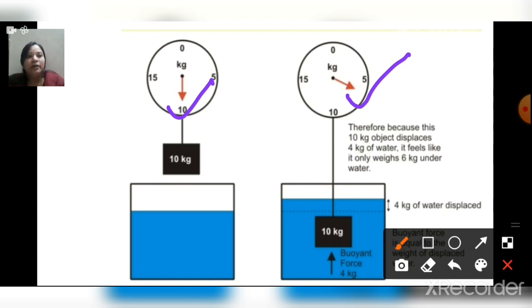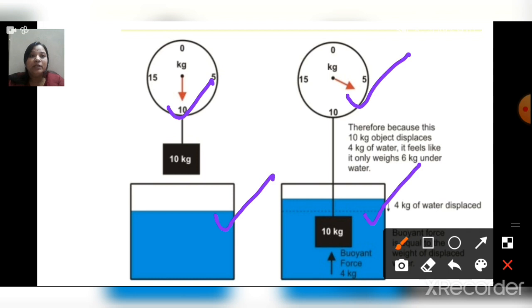And here you can see the level of water, and here the level of water increased, the water raised by 4 kgs. So this is Archimedes principle, children. The upthrust is equal to weight of water displaced by an object. Did you understand this? See, in the previous picture, the weight of thing is 10 kg.